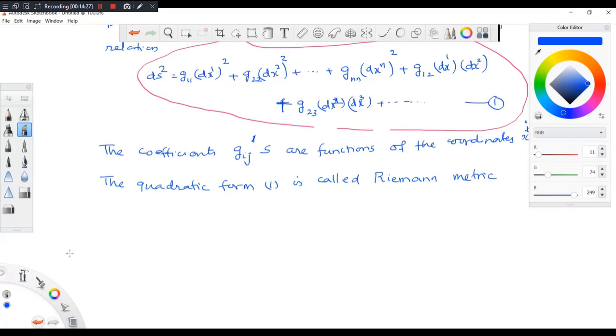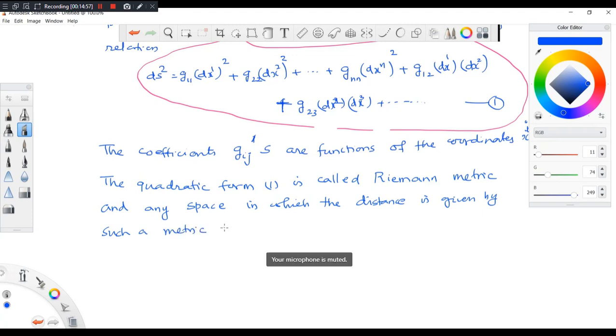Any space in which the distance is given by such a metric is called a Riemannian space.